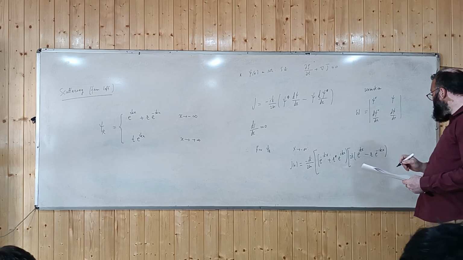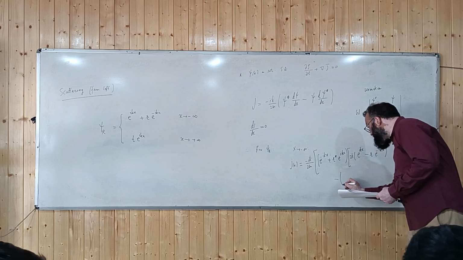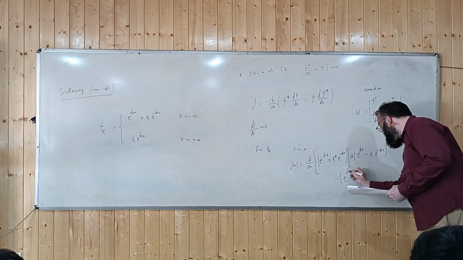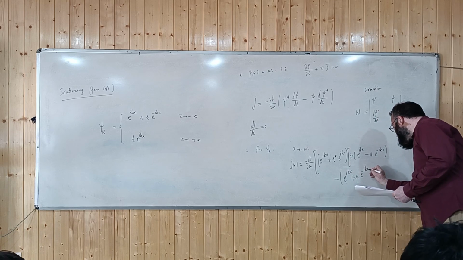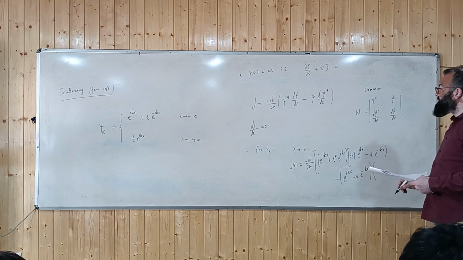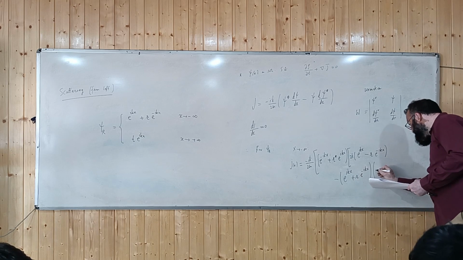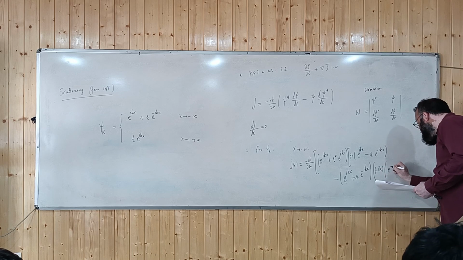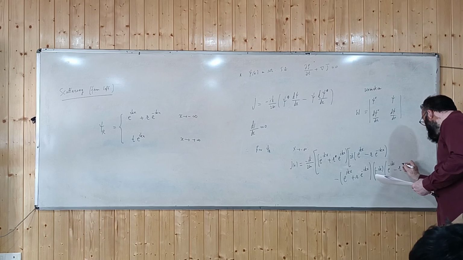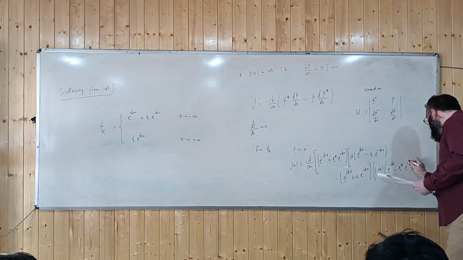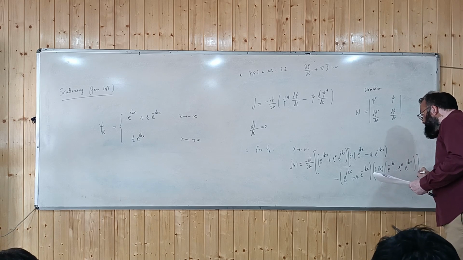Then you are having the conjugate term, so minus psi: e raised power ikx plus r e raised power minus ikx. Then the differentiation of the star: minus ik will come down, then e raised power minus ikx, then minus r star e raised power ikx.